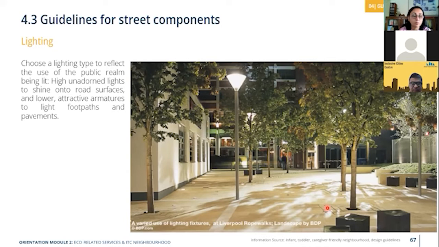Now, what is important to understand is that there are components which are listed, but there are also experts who could come in and help the city officials. So, when you are delivering the training, you can tell them that this is to familiarize them and make them aware. However, there is always a possibility to engage with professionals who can be experts in this area to be able to have a good environment for ITC.